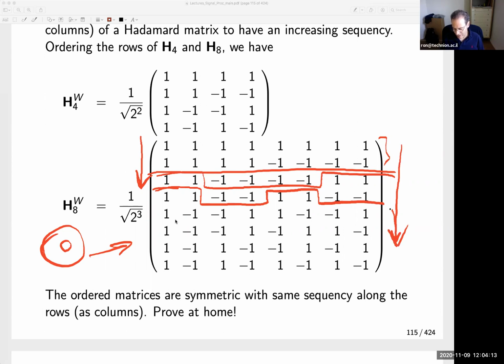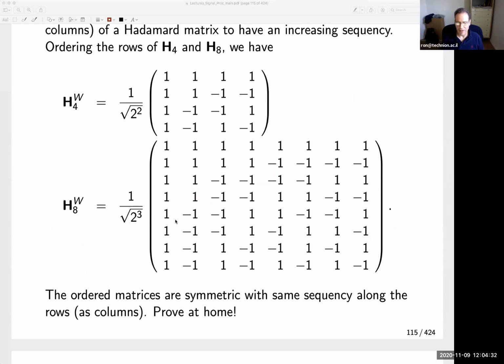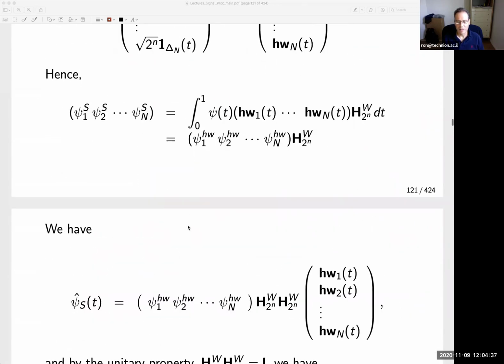okay? But I will not be able to claim at this point or at any point that I'm being equal to whatever would have happened if I would have represented my signal with the standard basis, okay? With the Hadamard, sorry, this is with the Hadamard. With the Haar, I can.